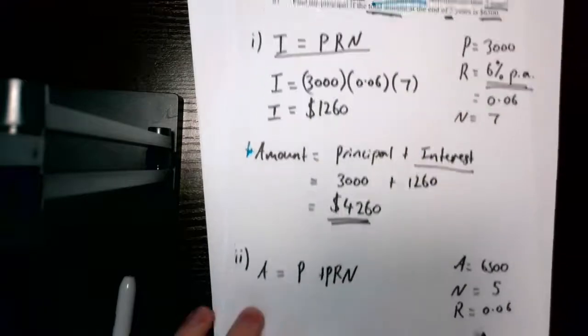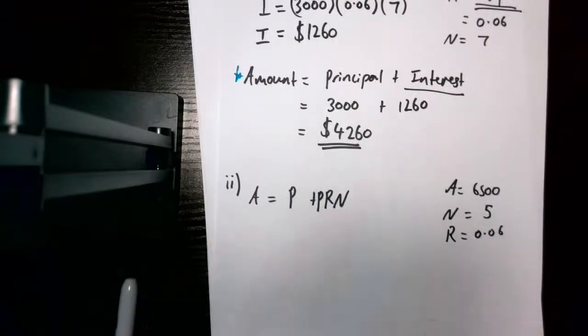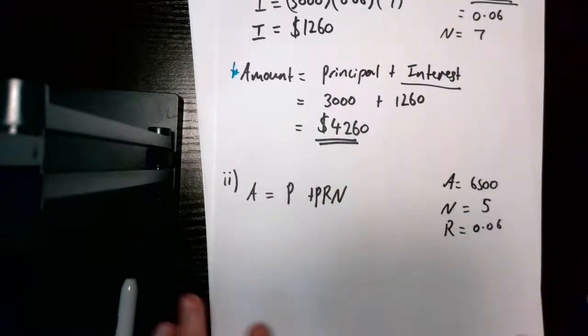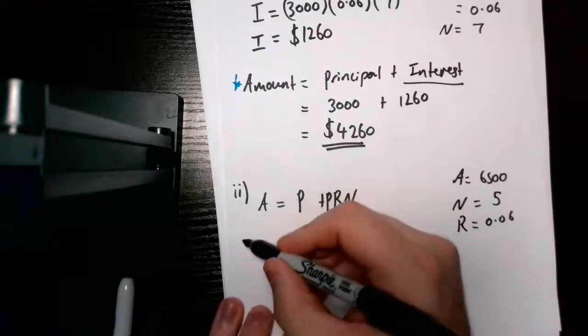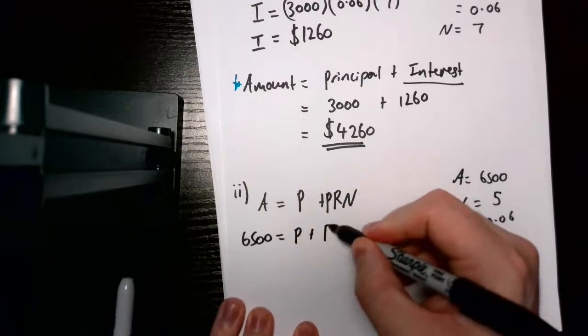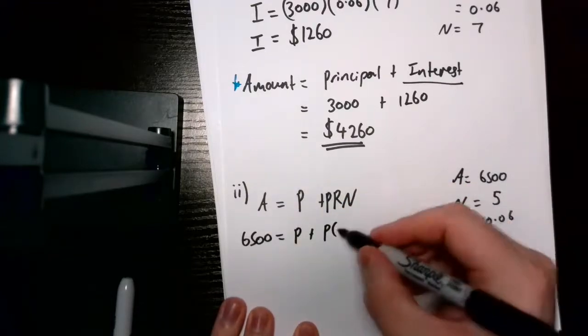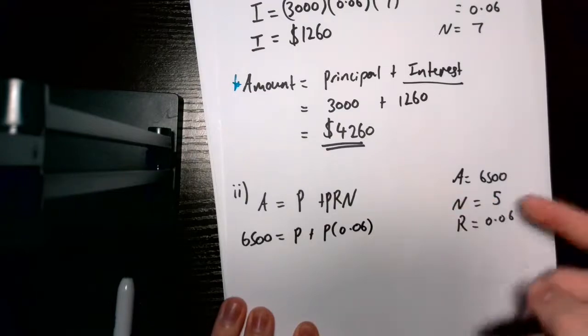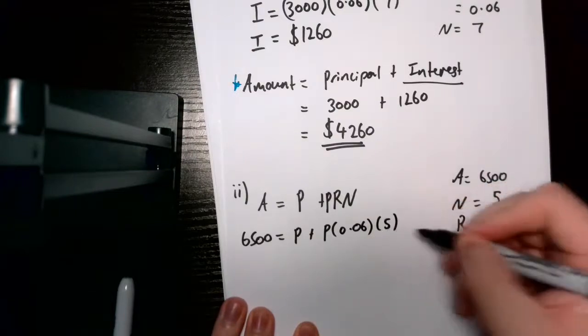So now we substitute everything in. After substituting, we get 6,500 is equal to P plus P times our interest rate, 0.06, times our number of time periods.